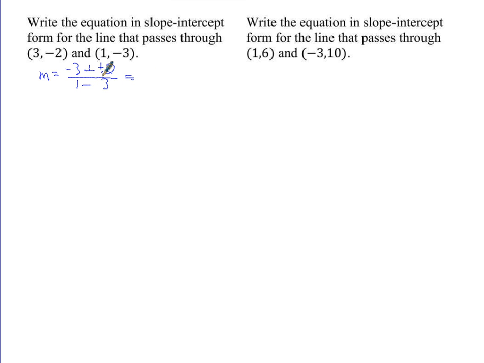Well, I got minus minus here, so I'll change that to plus plus. And I have negative 3 plus 2, which is negative 1 divided by negative 2. Does that reduce? The numbers don't, but the signs do. Negative 1 divided by negative 2 is positive 1/2.